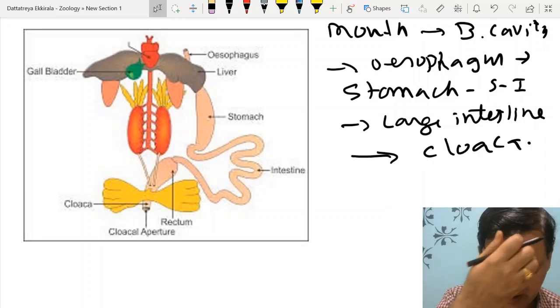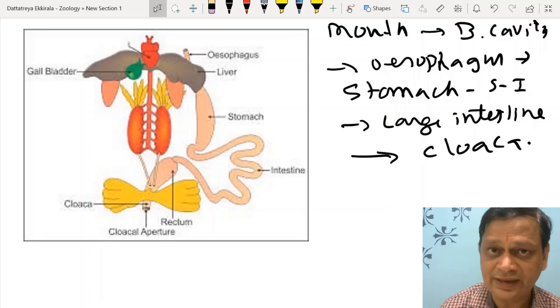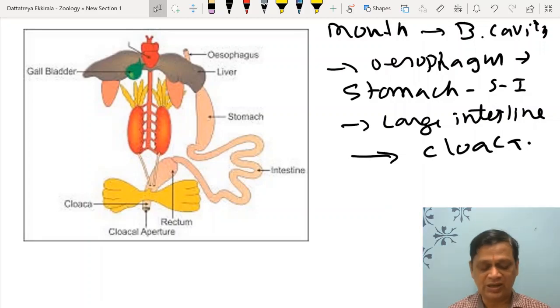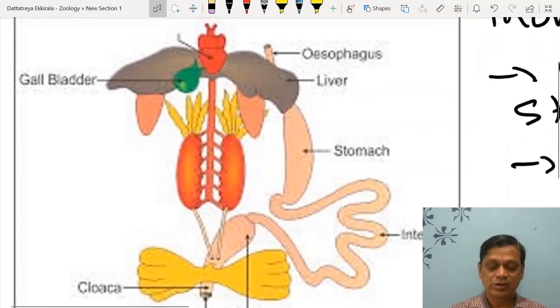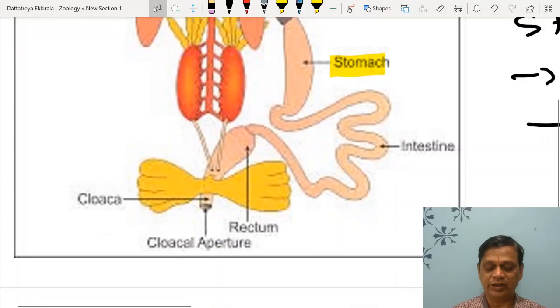Large intestine means you can say rectum. Rectum represents large intestine and opens out by cloaca. So first the esophagus region, then esophagus leading to stomach, stomach leading to small intestine, small intestine leading to rectum, rectum opens out by cloaca.